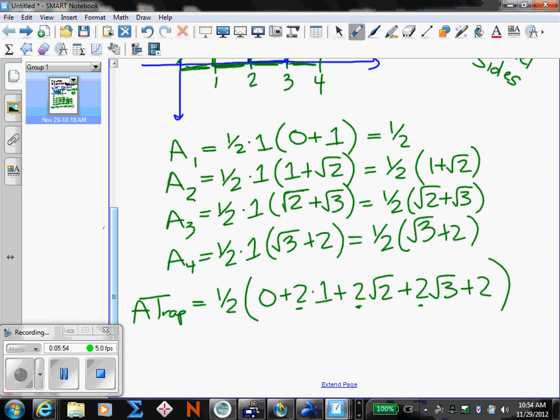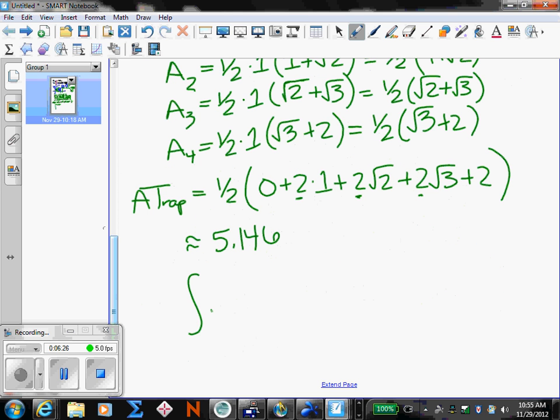So then I'm going to type this in my calculator, and if I round to 3 decimal places, I get 5.146 as my trapezoidal approximation. If I do the actual area from 0 to 4, that's x to the 1/2.